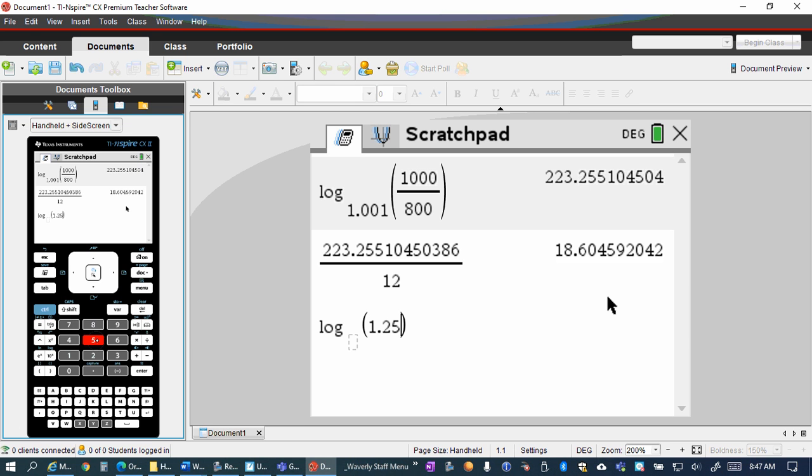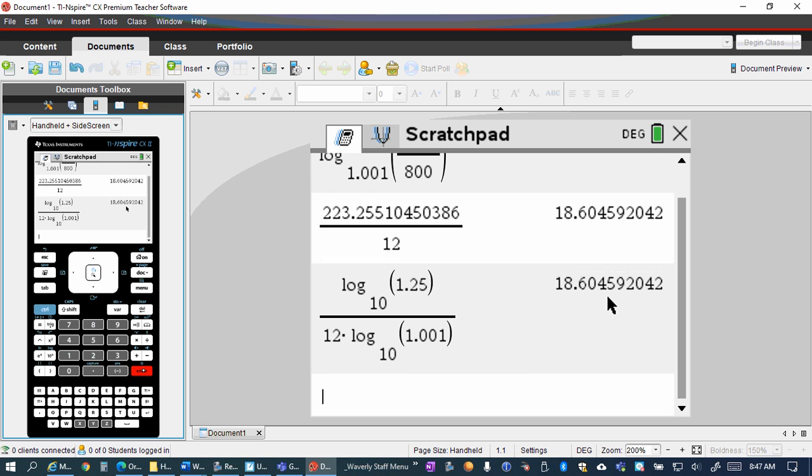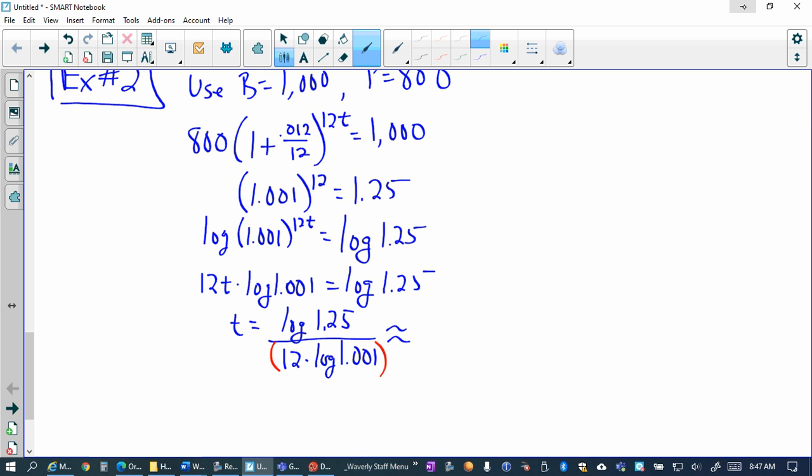So 1.25, outside the parentheses, divided by, so here's where I want to group it, right? I want to do 12 times log 1.001. That will get it. And again, we get 18.6 years again, using either method.